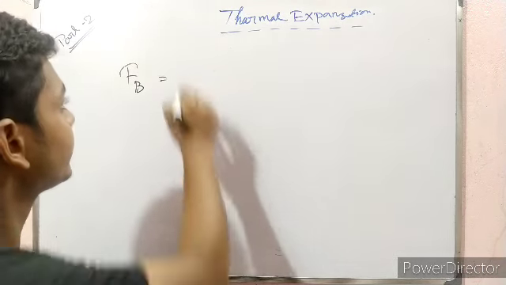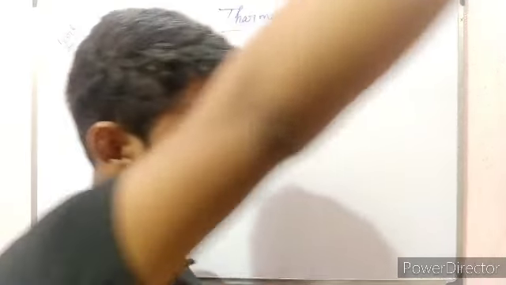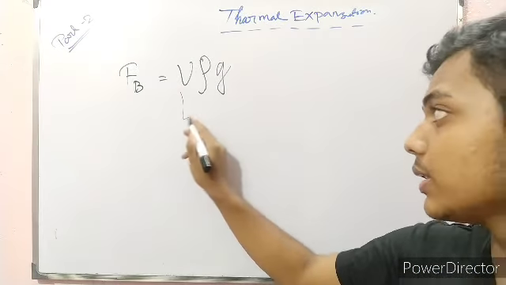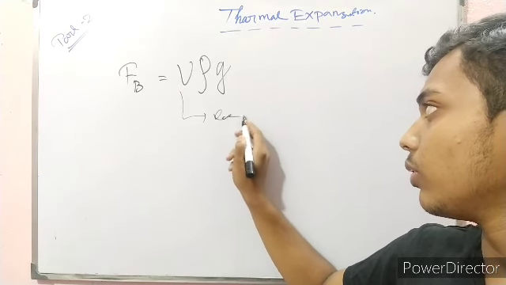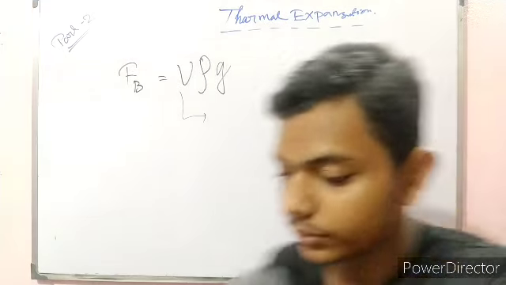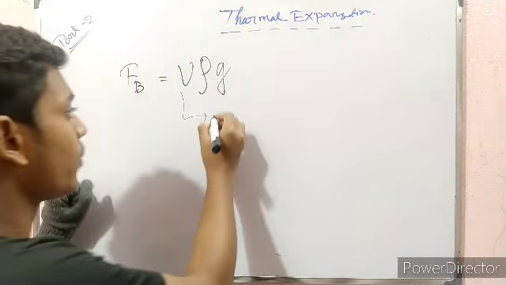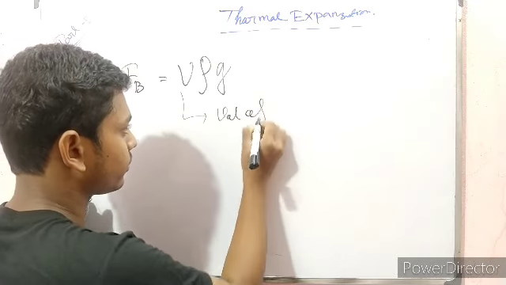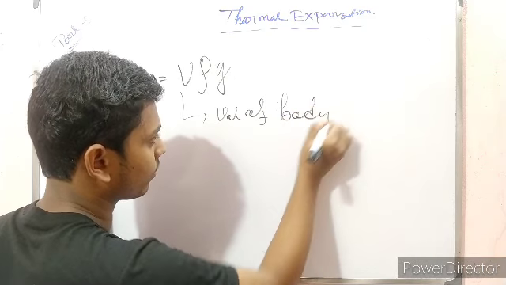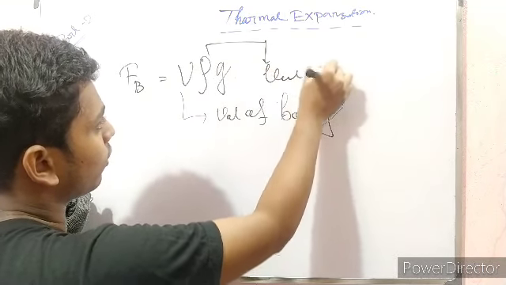That is V rho G. What is meant by this? V is the volume of the body, and rho is the density of the liquid.